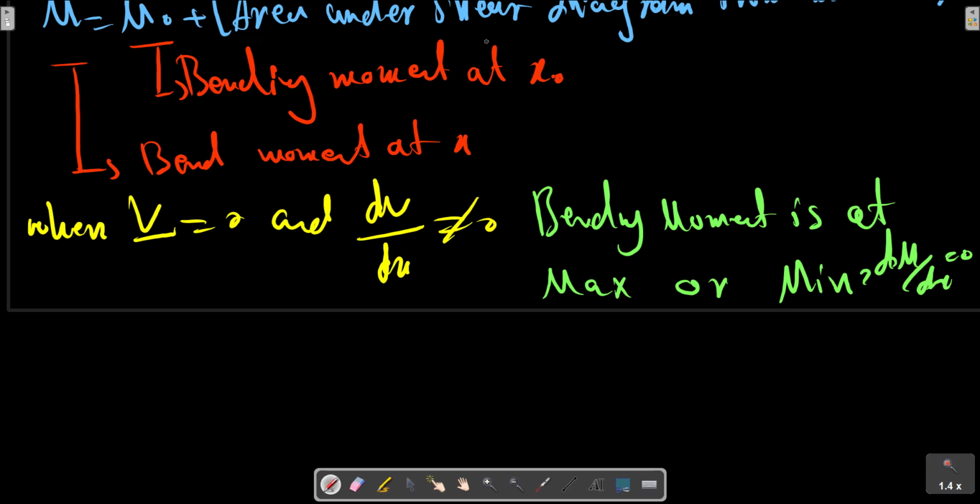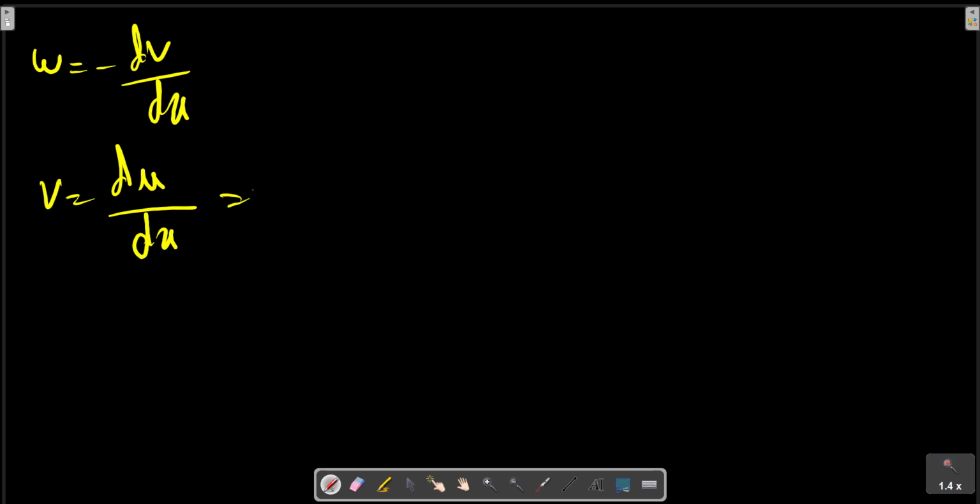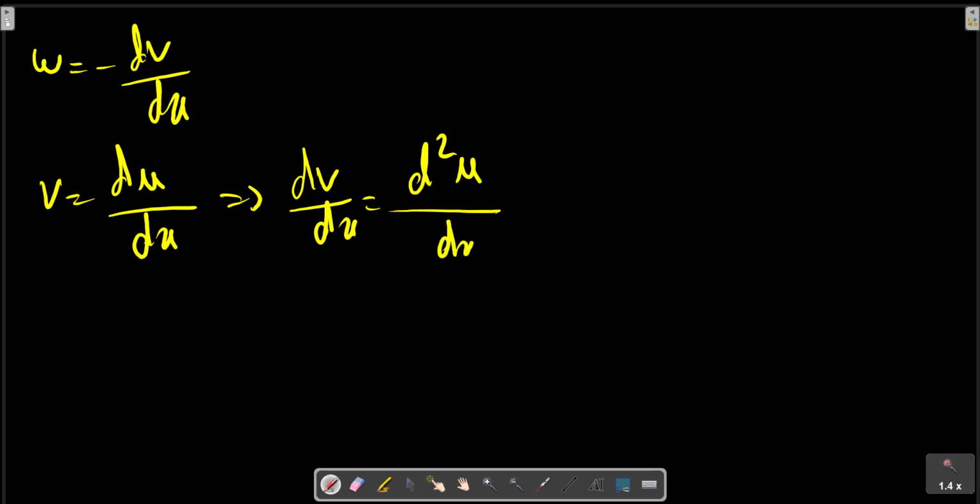We have now two relations: omega equals negative dV over dx and V equals dM over dx, so that omega equals negative d2M over dx2.